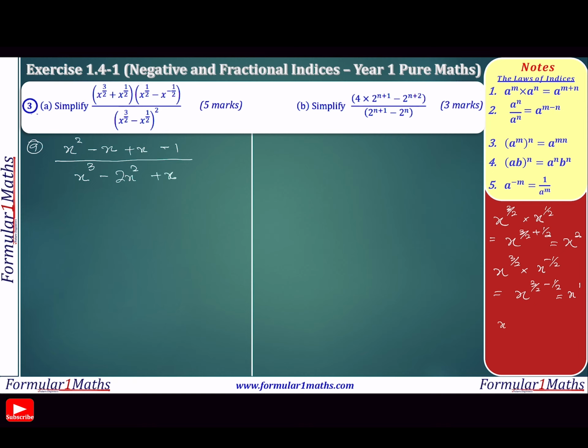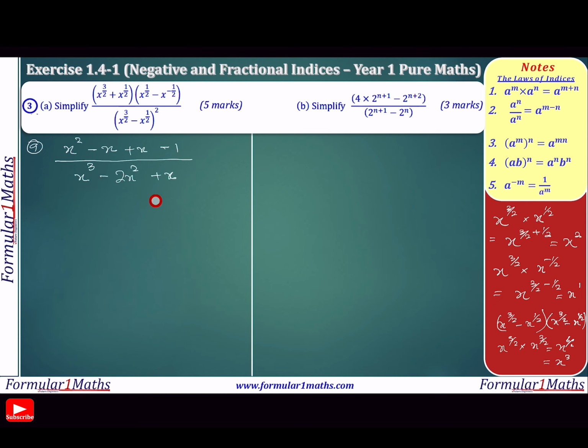So x to the power 3 over 2 minus x to the power a half times itself will give us this, because x to the power 3 over 2 times x to the power 3 over 2 is equal to x to the power 6 over 2, which is x to the power 3. And that's where we go for the first term. If you do the expansion, all of it, we're going to get this for the denominator.